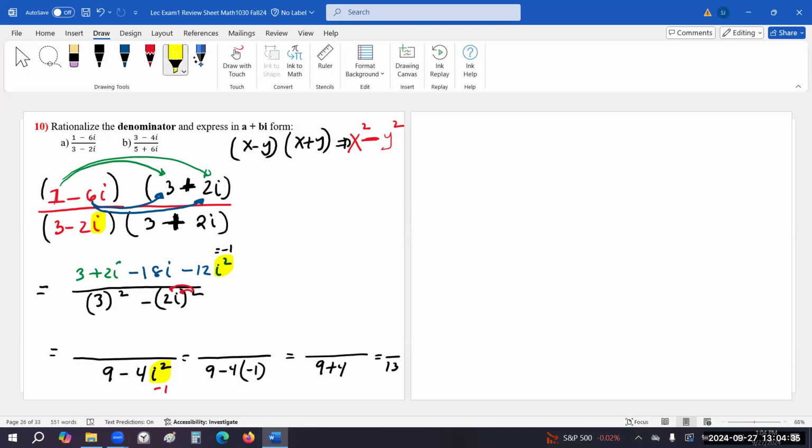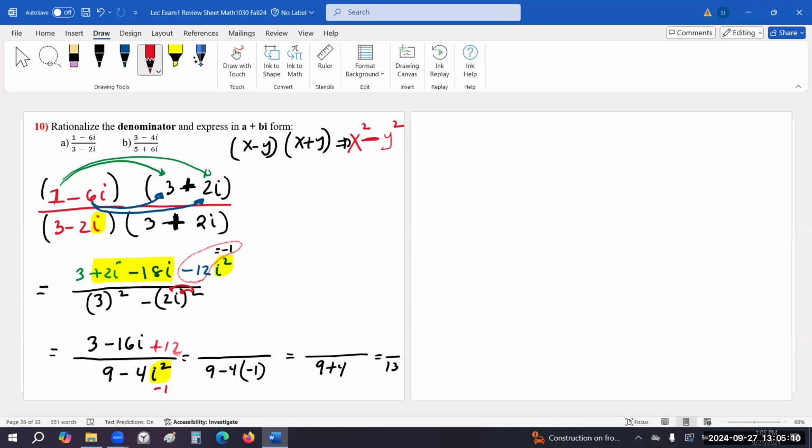And if you observe, we actually have like terms here, right? So we have 3, and what is positive 2i minus 18i? Perfect, negative 16i. And we have negative 12 times that negative 1, that gives us positive 12. In other words, every time we have the term i squared, it changes its sign.